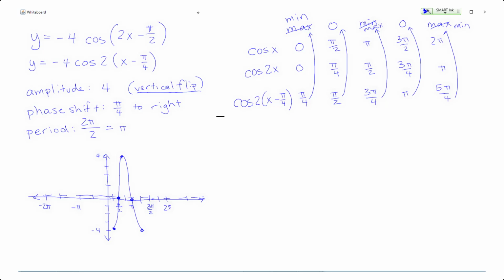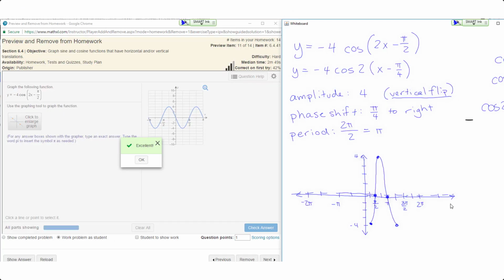Now let's just compare this back with what we had originally. So looking back to the graph that we have on the computer screen, it looks basically the same. Here's my minimum point and maximum points at 4 and negative 4 respectively, so that's correct.